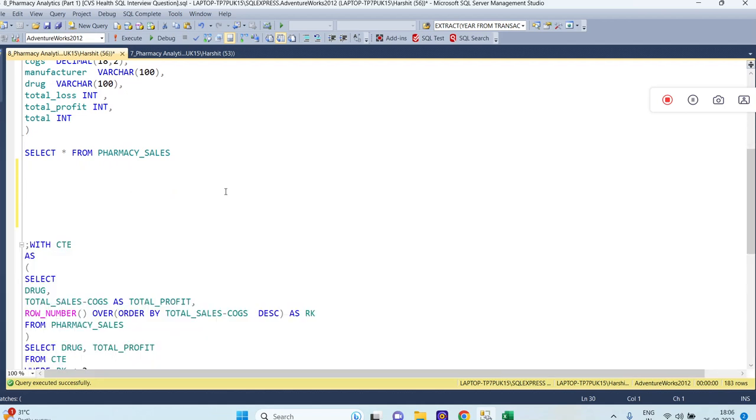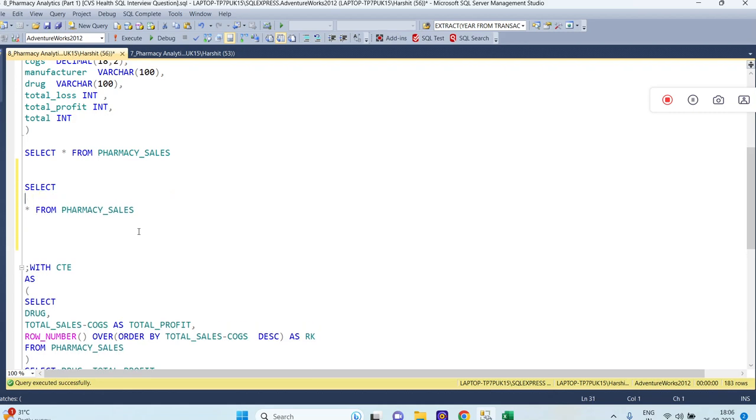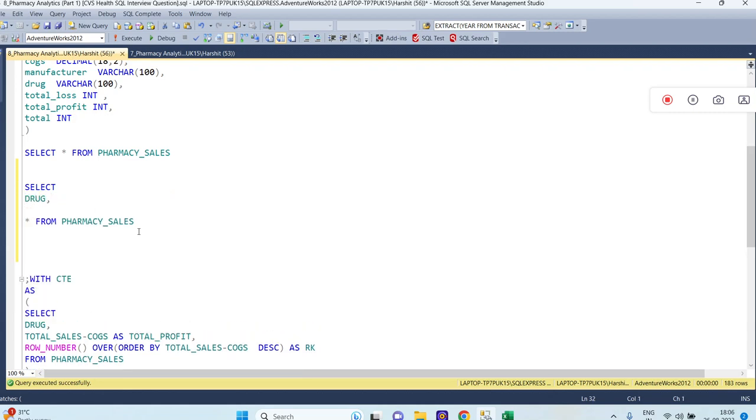Now here we can use any of the ranking functions. So let me try to use the dense rank function. So select, now profitable drugs we require, right? So we need to mention the drug.